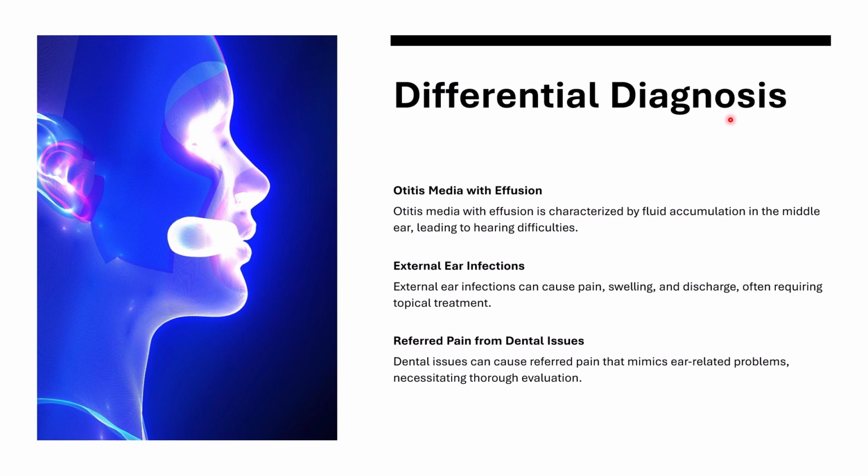It could be otitis media with effusion, it could be external ear infection, otitis externa, or it may be referred pain from dental issues. So as a clinician, it is important that we do the examination appropriately to find the right diagnosis.